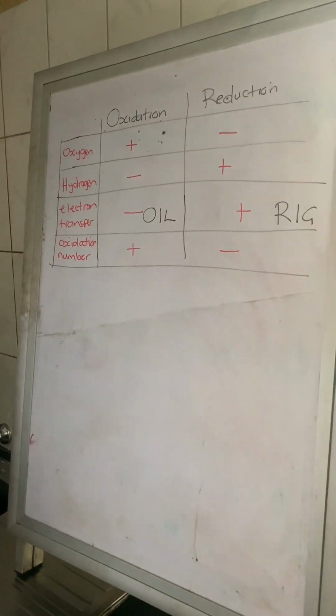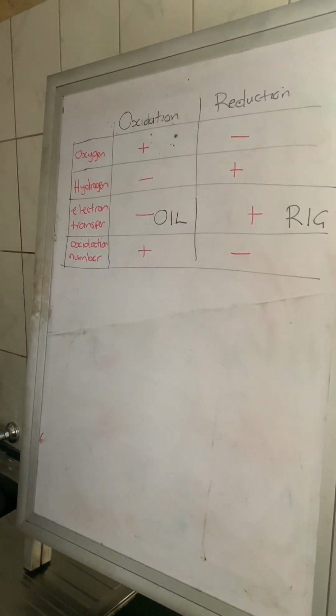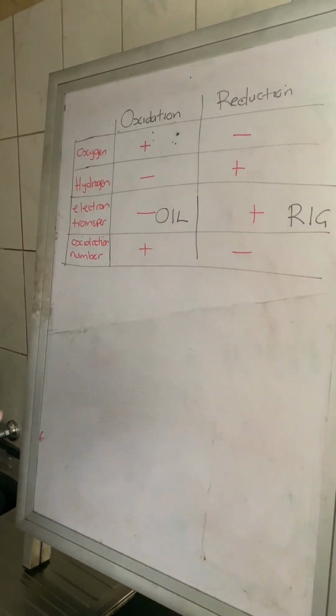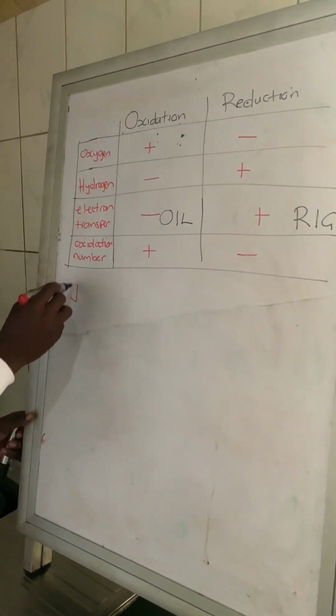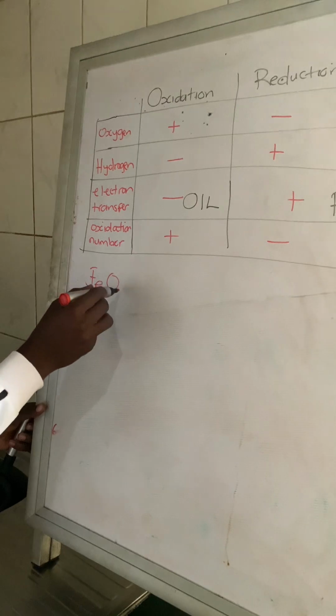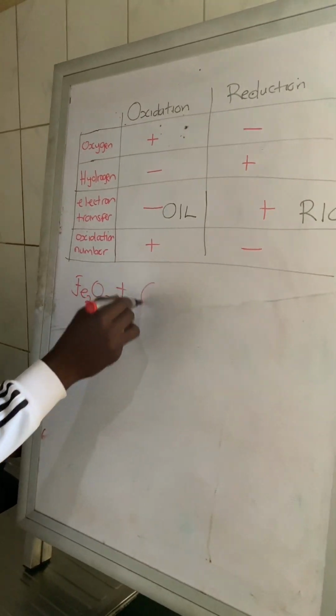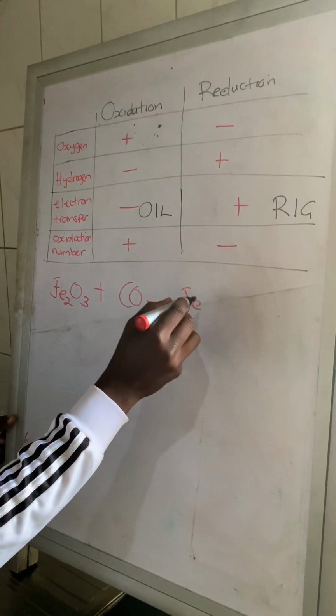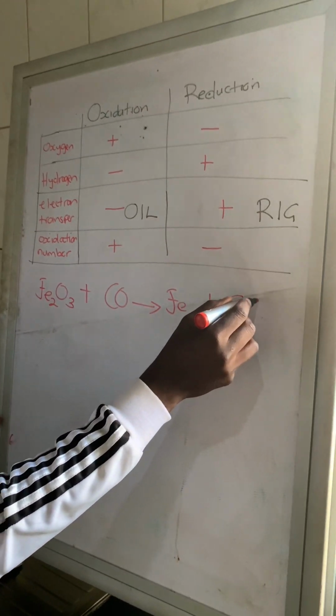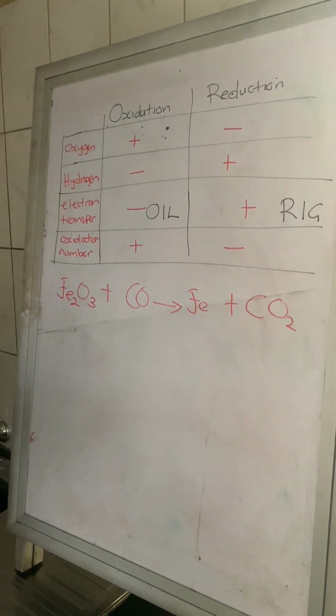To make you understand, let me write an example to show you a chemical reaction showing oxidation and reduction. For example, we have iron(III) oxide reacting with carbon monoxide. We get iron plus carbon dioxide. We balance our equation.